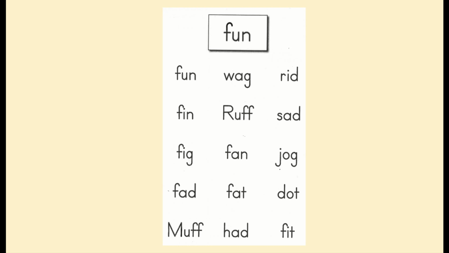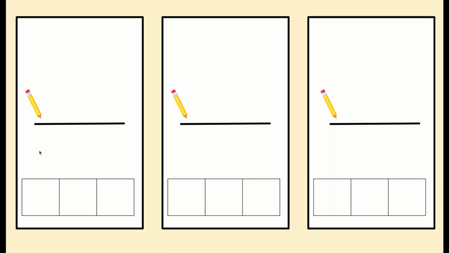Now let's practice writing some of these words. The first word that we're going to spell is the word fun. Remember to stretch the word out so that you can hear all the sounds in the word before you begin writing the letters. Fun. Now write the letters that represent the sounds you hear in the word fun.